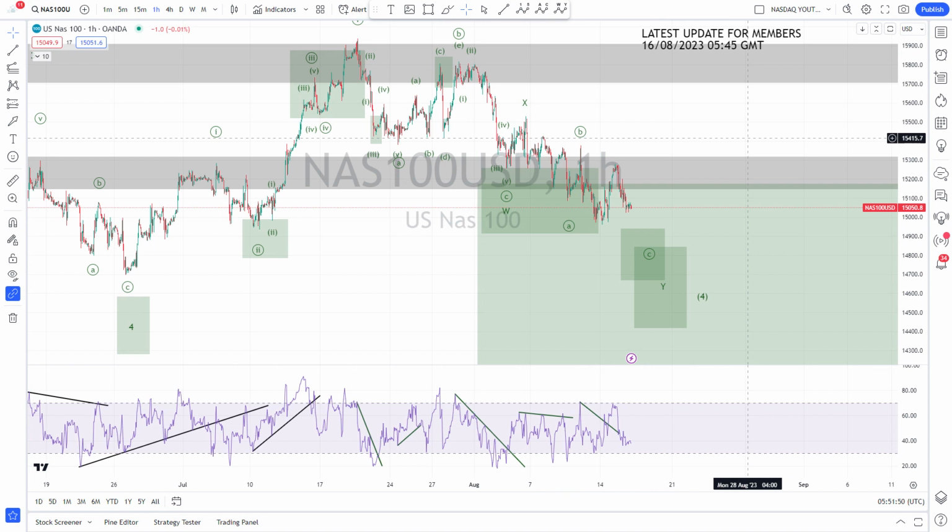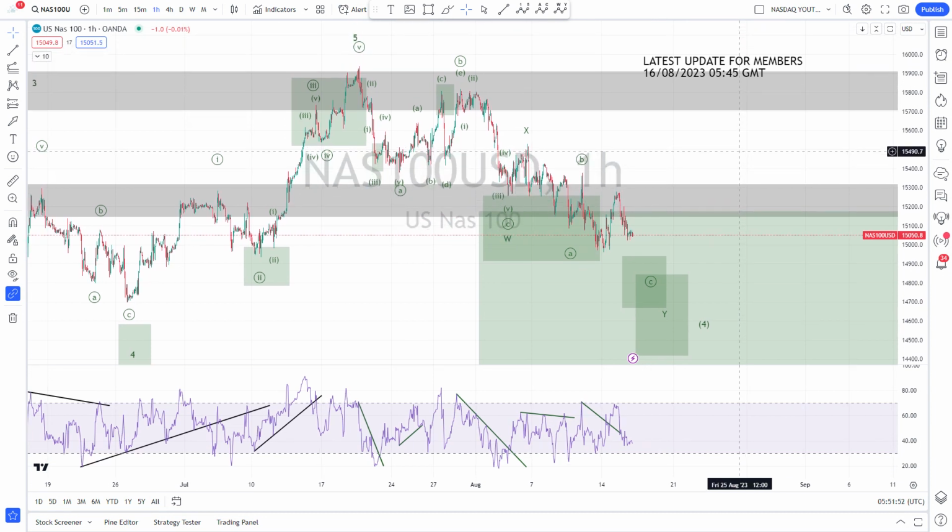If we look at the 1 hour, I labeled this here as a W-X-Y pattern, and so this here then is the A, the B, and the C of the wave W. Then here we had the shallow wave X, and now we have our wave Y, and this wave Y should again consist of a corrective structure, here in this case in ABC.